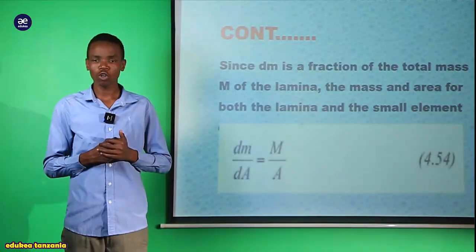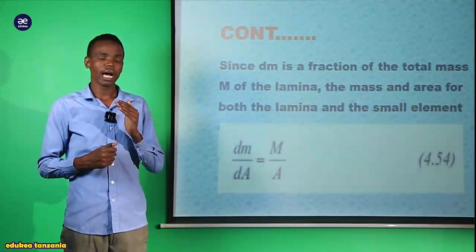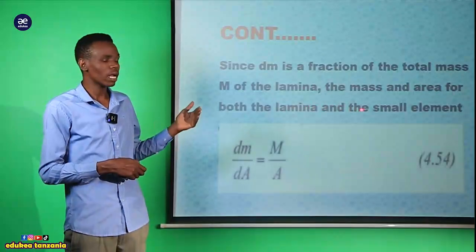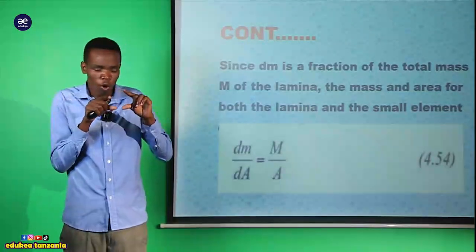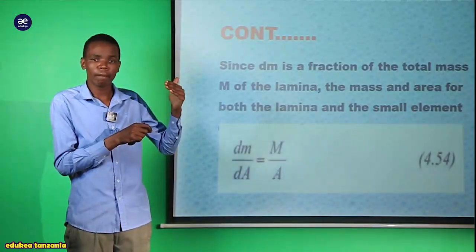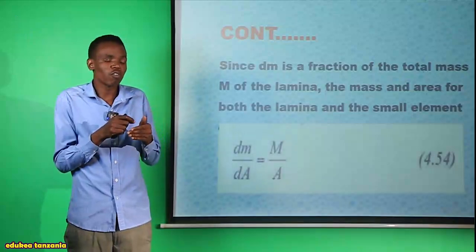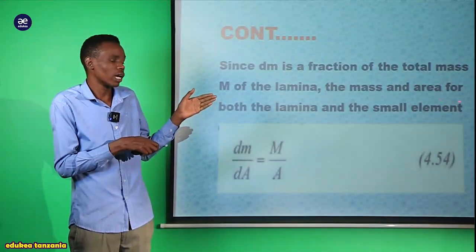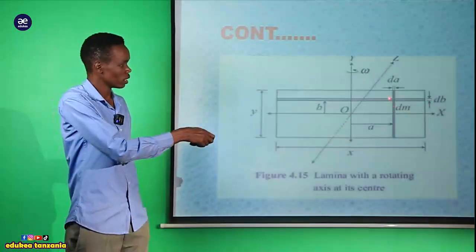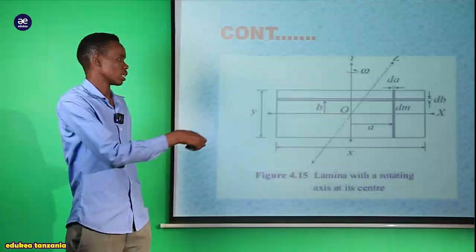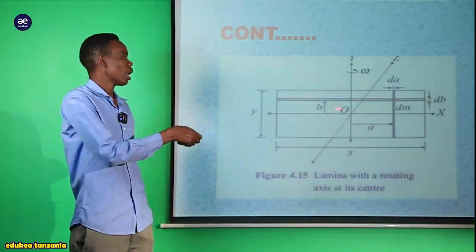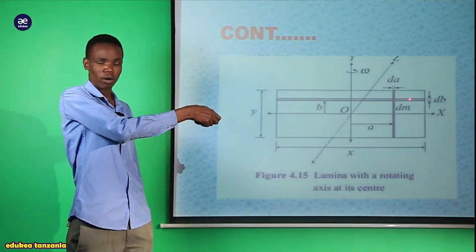We are going to look for the relationship between the mass of the lamina and the mass of the element, or the area of the element of the lamina. This is an element, and this is an element. Now we are going to see the relationship between the whole mass of the lamina and the mass of the element compared with the area.